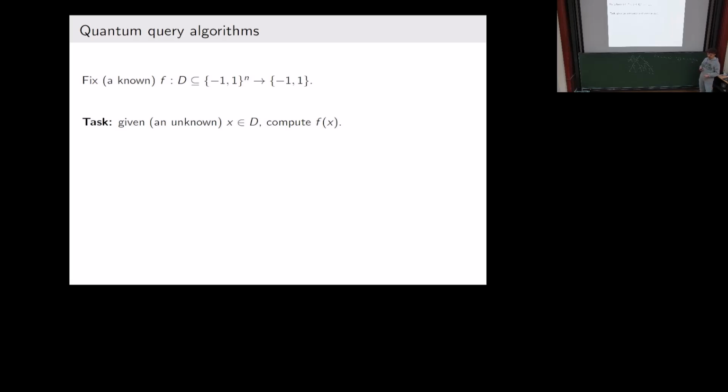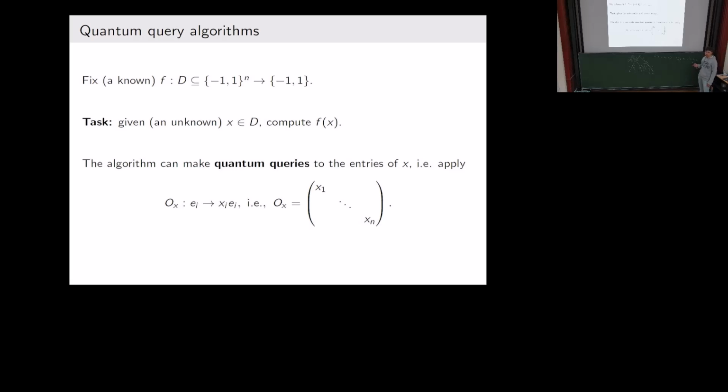But now the way that you can ask about the input is by quantum queries, which are not going to be given by an oracle map that maps numbers to plus or minus ones, but instead they are going to be unitaries, because those are the legal operations in quantum computing, and are going to be unitaries that map the elements of a canonical basis to the corresponding element times the corresponding entry of the input. So you can think of the oracle map of the quantum query as a diagonal matrix that has the entries of the input on the diagonal.